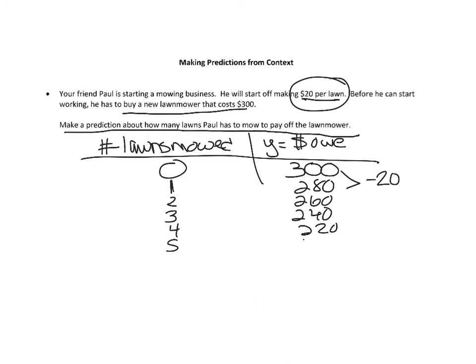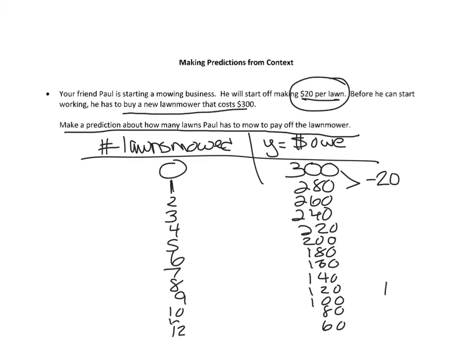And I can keep doing this. Let me keep doing this. This is the objective. 7 is 160. 8 is 140. 9 is 120. 10 is 100. 11 is 80. 12 is 60. 13 is 40. 14 is 20.